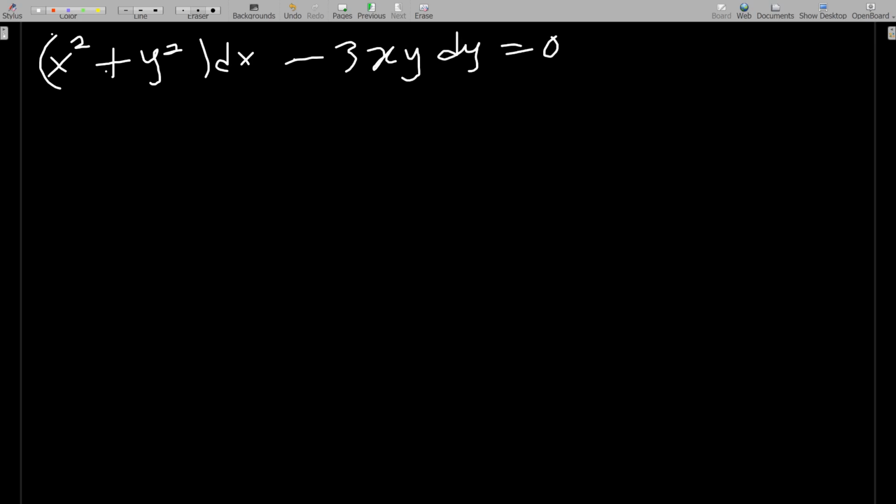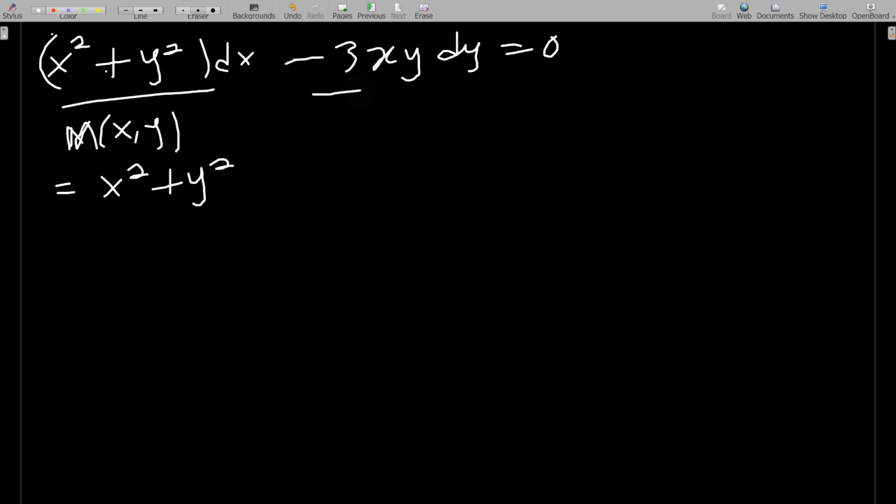That's what we are supposed to do. Now if you compare this to the general form, you could see that this is my M of xy, and that is equal to x squared plus y squared, and this is my N of xy, so N of xy is equal to minus 3xy.